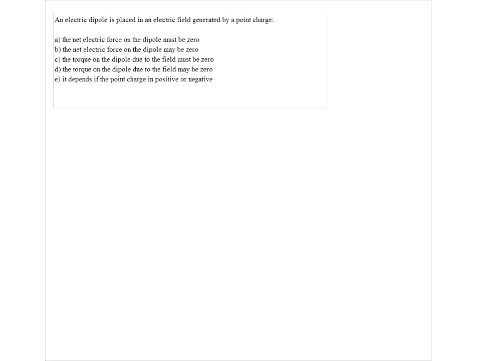The options A, B, C, D, whatever you are choosing for force and torque, these will depend on whether the charge is positive or negative. It means basically that you cannot answer any of these questions. The answer will depend on whether the point charge is positive or negative. Any other clarification?